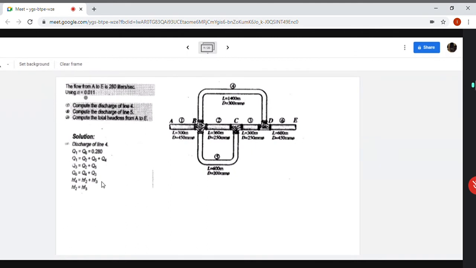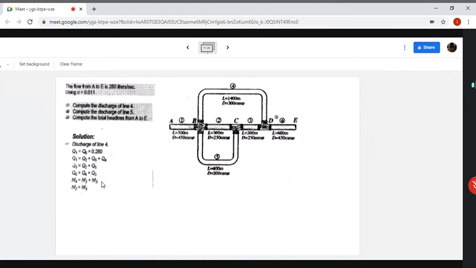And we are going to use N, which is 0.011. So these are the equations. We are going to first find the discharge of line 4. So where is line 4? This one.